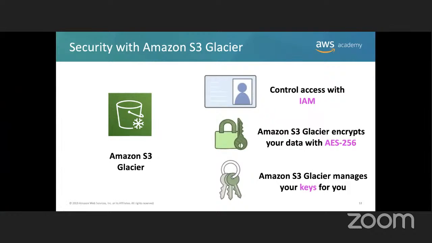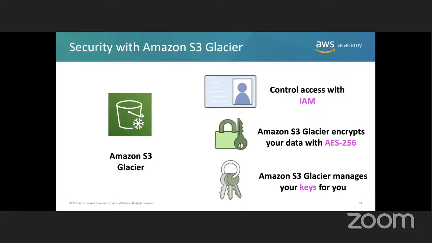Security with Amazon S3. Like I said before, you can control the access with IAM. Remember that you have IAM policies, and for one service to be able to interact with S3, it needs to have a role, and a role has a policy that allows that particular service, let's say an EC2 instance, to interact with S3. You need an IAM role.